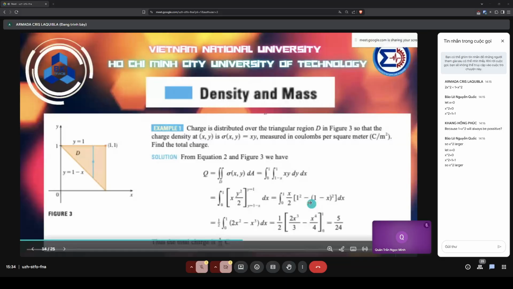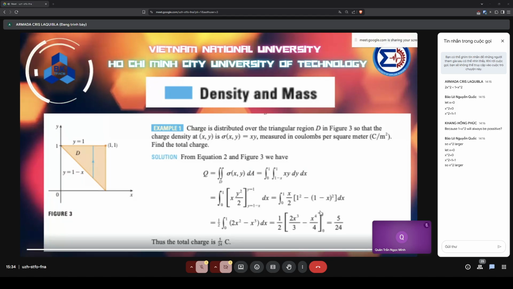Now if you solve this one, class, 1 squared is equal to 1. Then, what is 1 minus x squared? If you square that, the result is 1 minus 2x plus x squared, correct?